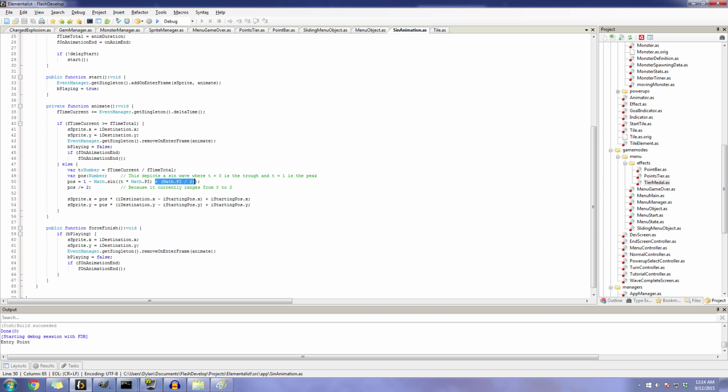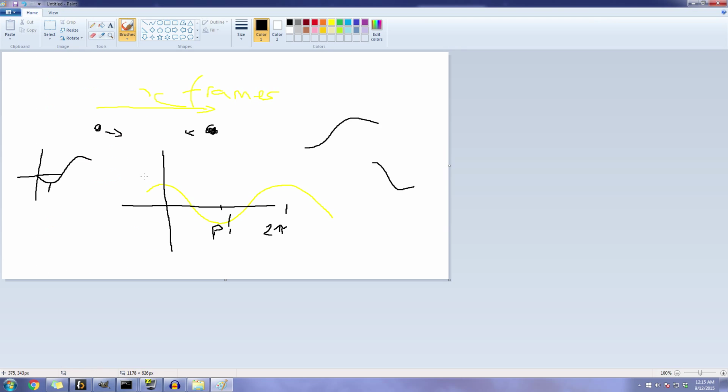So that's where we want to go. That means that when t is 0, it's going to be 0, so it's at the start of the animation. We will start in this trough. And then t times pi means that because t is going to range from 0 to 1, it's going to range between 0 and pi, basically.